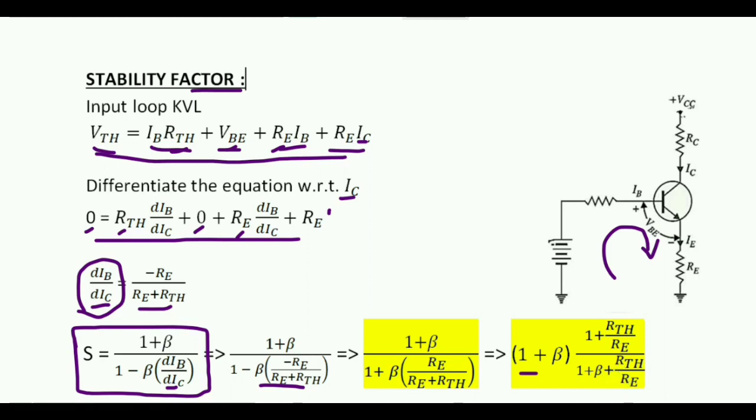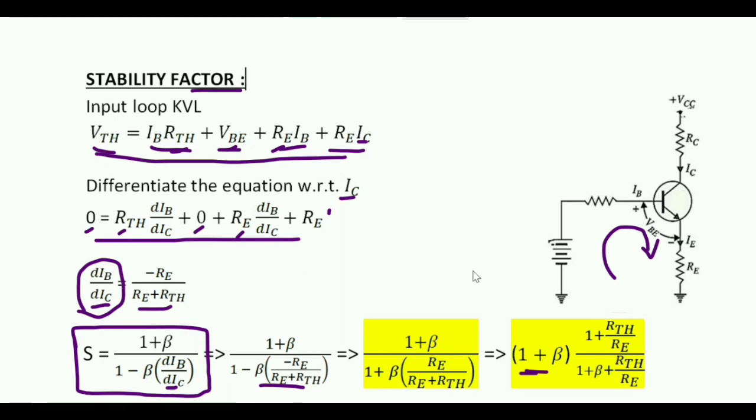This is the equation. If RTH by RE is very close to 0, then we will get the stability factor as 1, that is the ideal value. If it is near to 0 or somewhat greater than 0, then we will get a good stability factor.